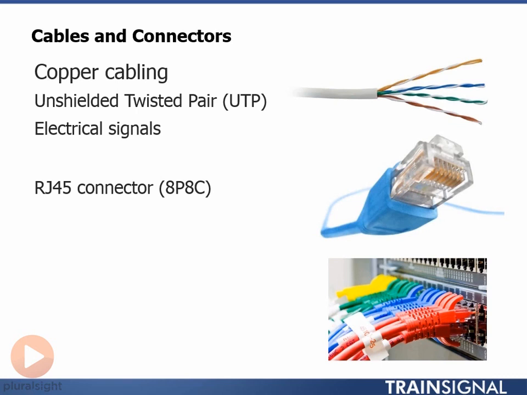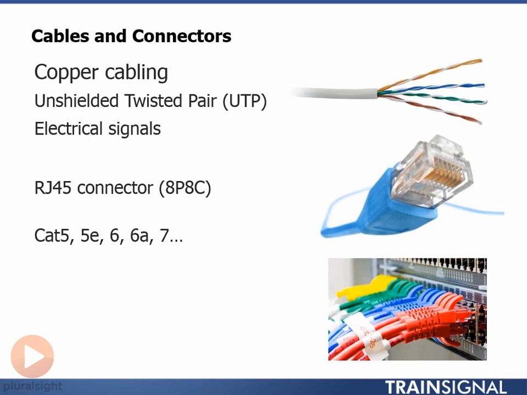So now that we know what each end of a UTP cable looks like, as well as how the wires are unshielded and twisted inside of the cable, let's look at the different classifications of UTP cables, known technically as categories. The categories of cables that you'll most likely need to know are Category 5, Category 5E, where the E stands for Enhanced, Category 6, Category 6A, sometimes called Augmented Category 6, and Category 7.